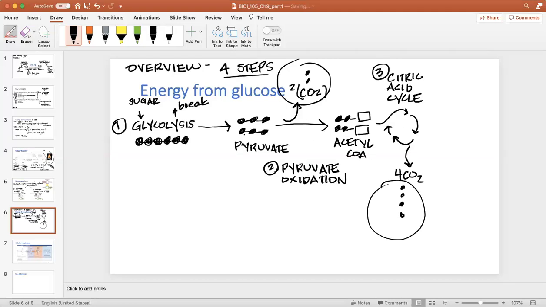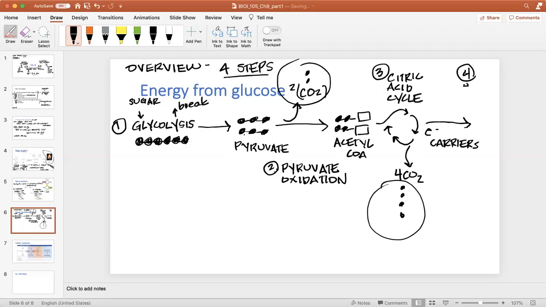What's gonna happen next? Well, remember, I told you that this whole process is gonna generate some byproducts, right? It's gonna generate those high energy electron carriers. So the very next thing that's going to happen is our electron carriers, they are going to go to the 4th step, which you've probably heard of.